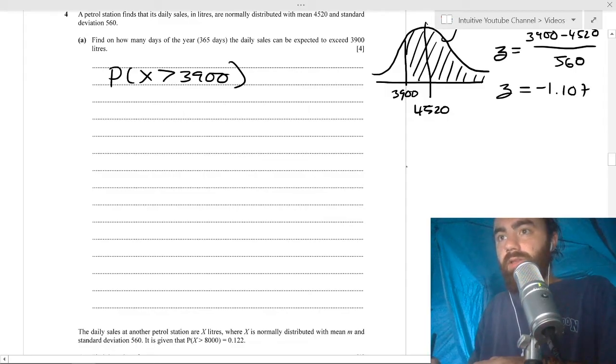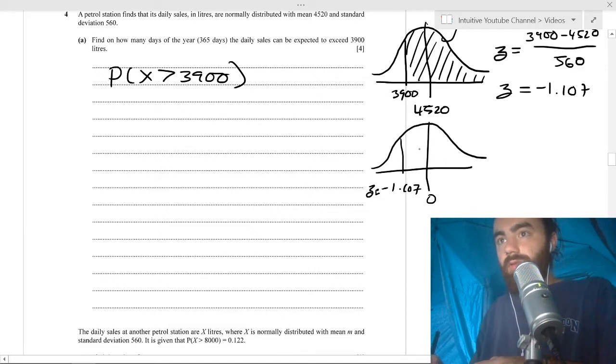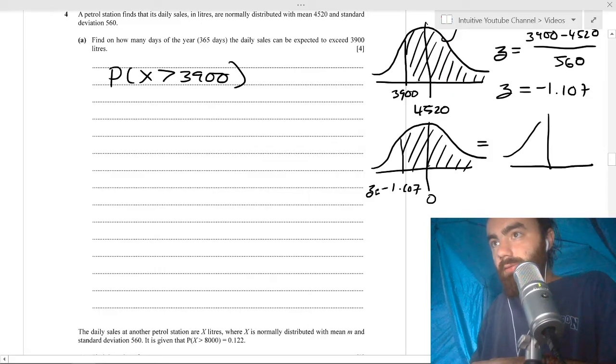So the normalized distribution will look like this, with 0 here and minus 1.107 for z. That's the same area, but because this is symmetric, it's the same as this area over 1.107.